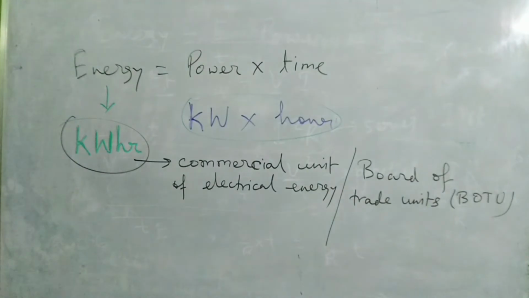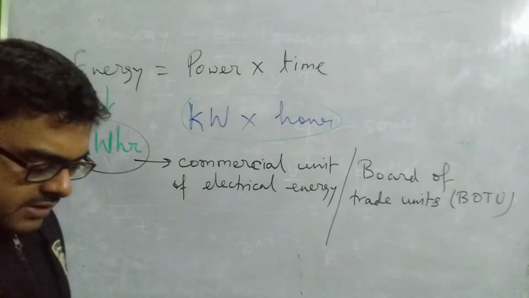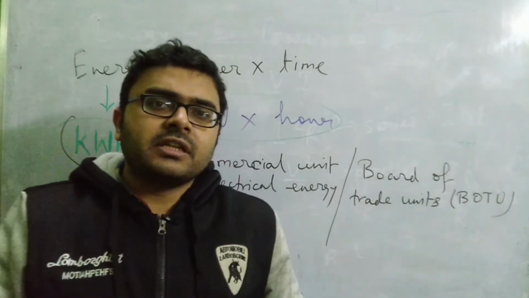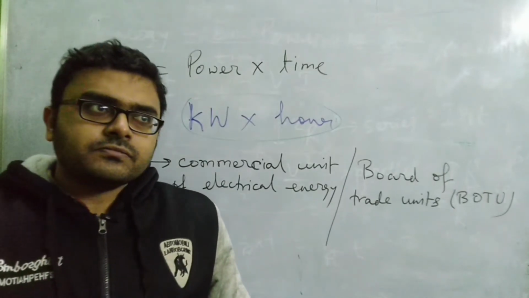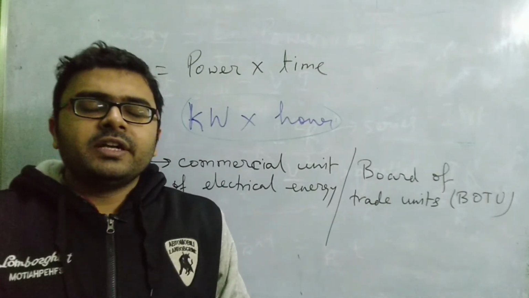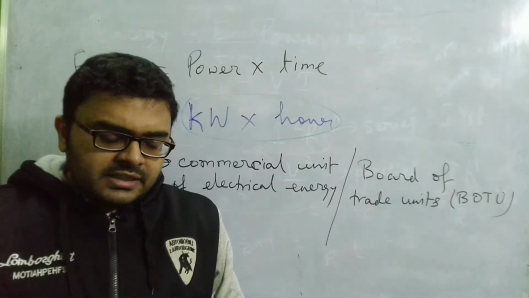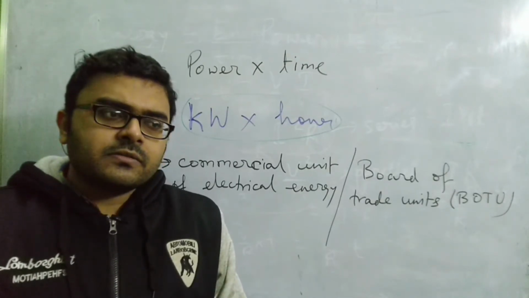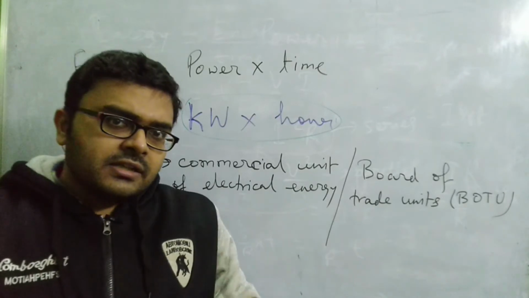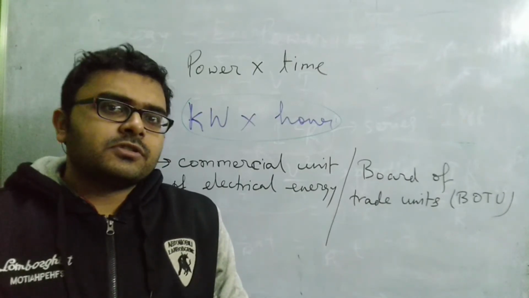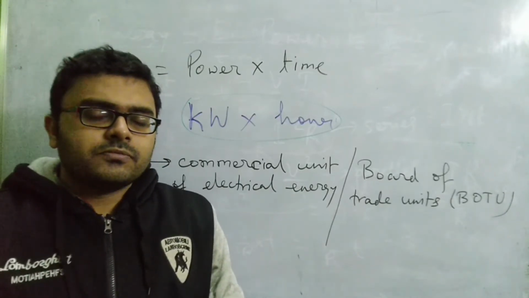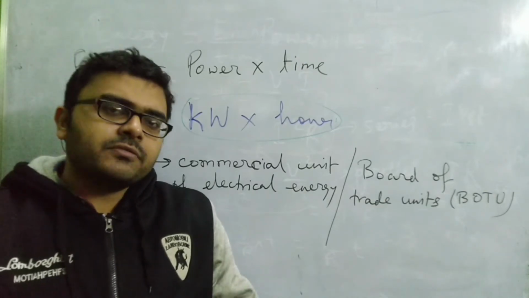Now, you may have seen electrical bills being delivered to your home within a certain definite span of time. There, it is written at the top of the electrical bill that certain units of electrical energy have been consumed within, say, a month or a span of 3 months.